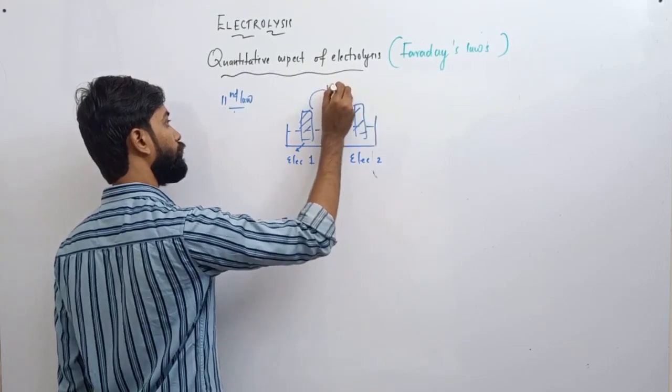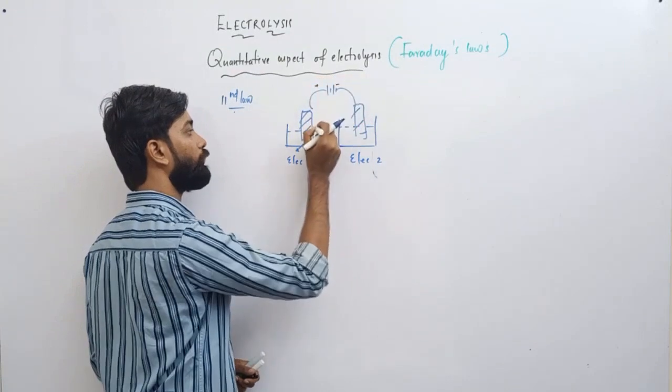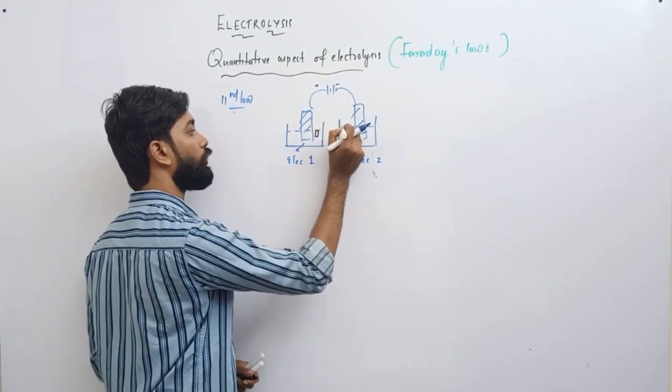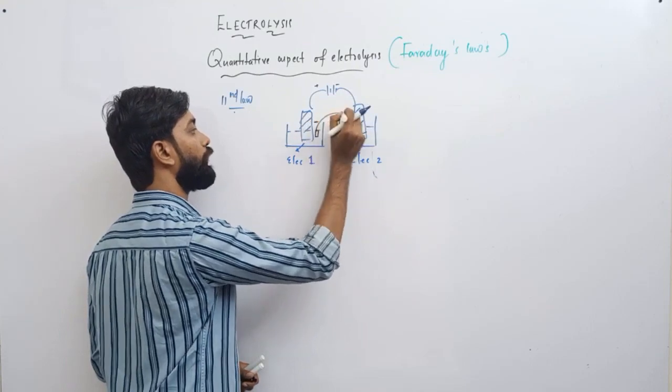They are connected by a battery, positive, negative, and to complete the circuit, an arrangement like this, negative, positive.